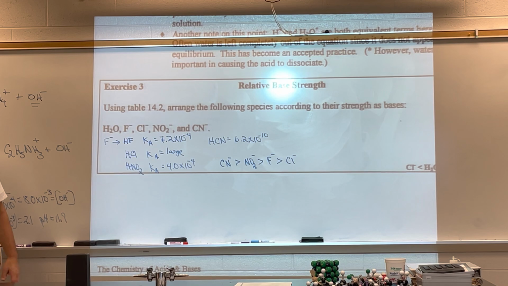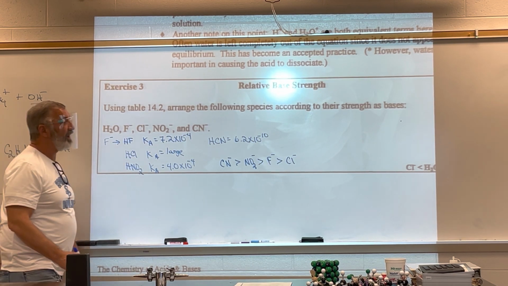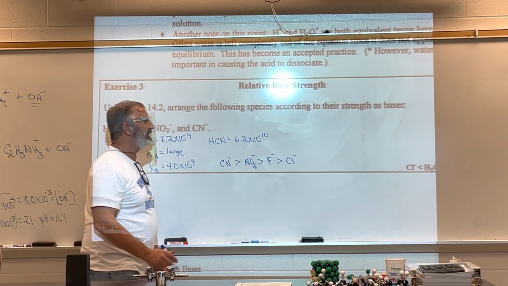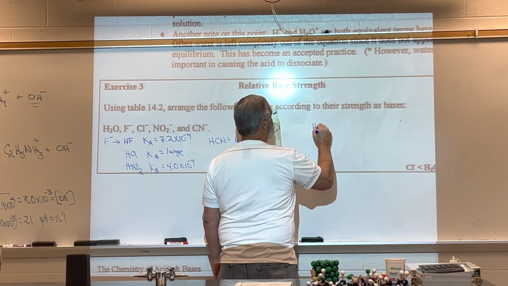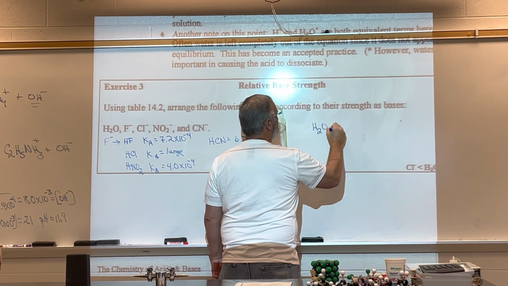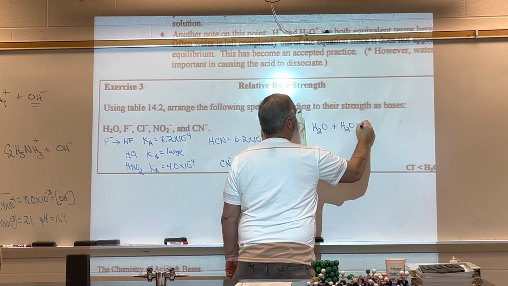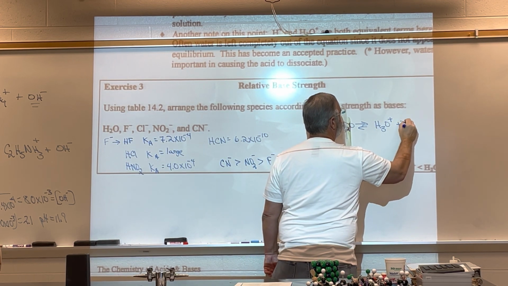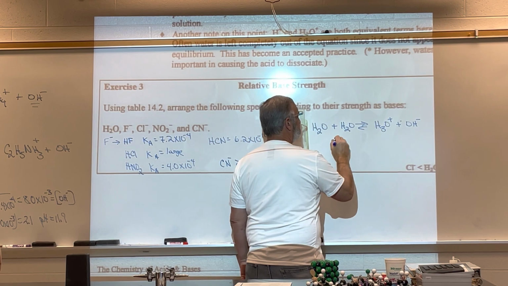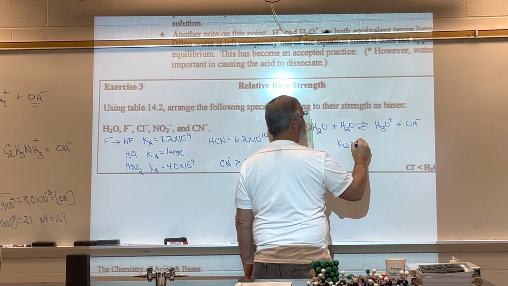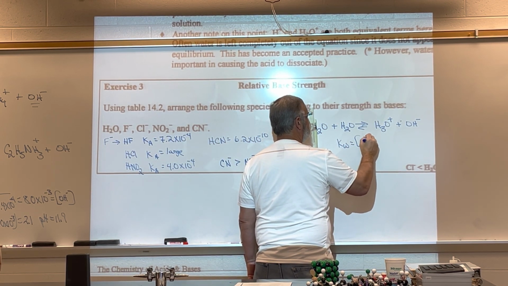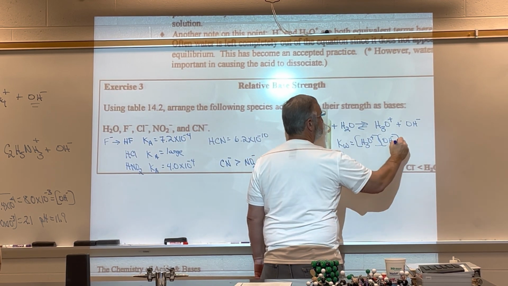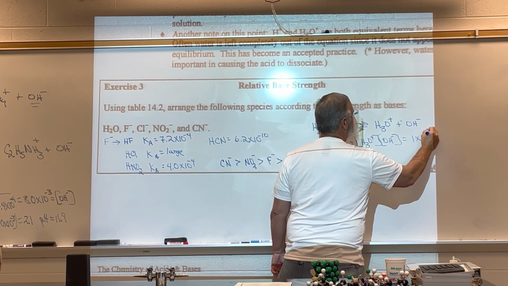Now, I was leaving that one off just because the water auto-ionizes. What does it mean, auto-ionizes? It does it by itself, okay? H2O plus H2O goes to H3O plus and OH minus. But this Kw is equal to 1 times 10 to the minus 14th.